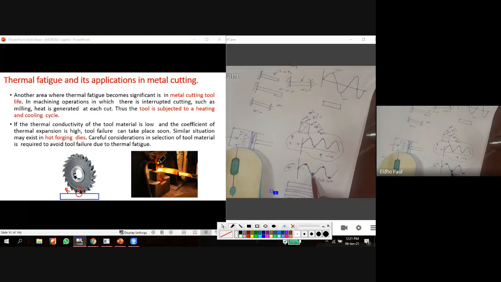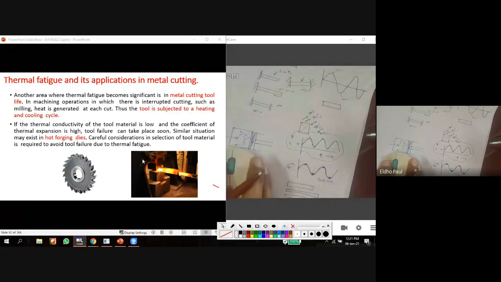So in the case of hot forging dies also, there will be a cyclic load, and that also leads to fatigue failure of these dies. There are different such examples in engineering applications subjected to fatigue load. In metal cutting and hot forging, these are the two examples of thermal fatigue.